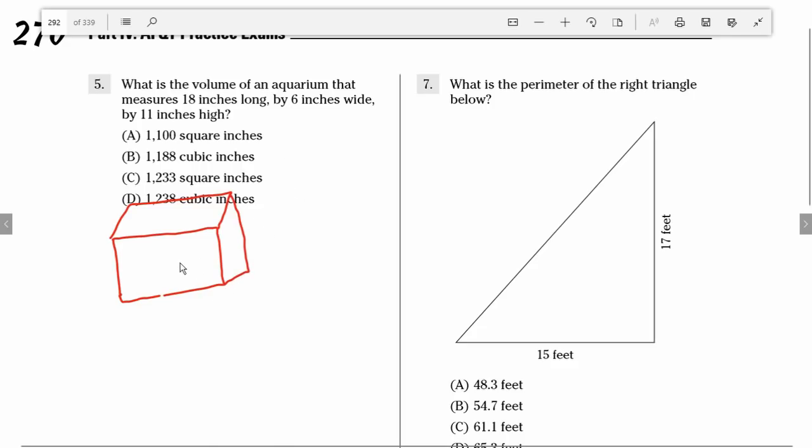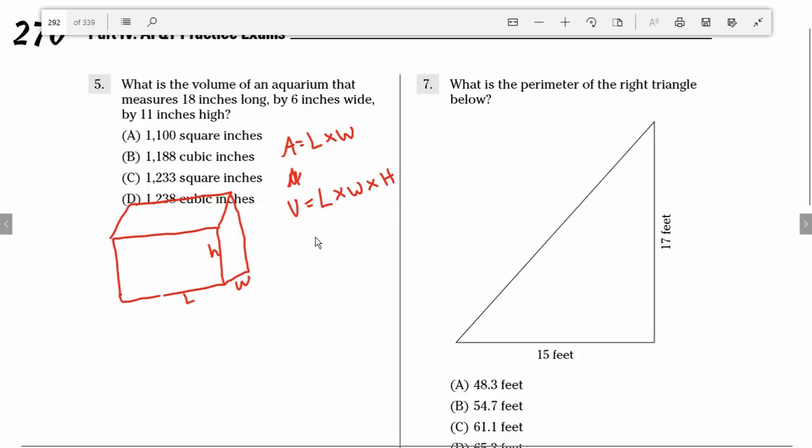Okay. The area of a rectangle is length times width. To find the volume, you have to multiply it by something else, namely its height. So the volume of a rectangular prism is length times width times height.